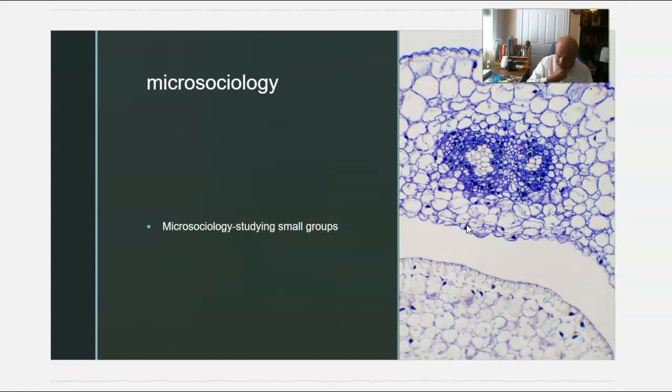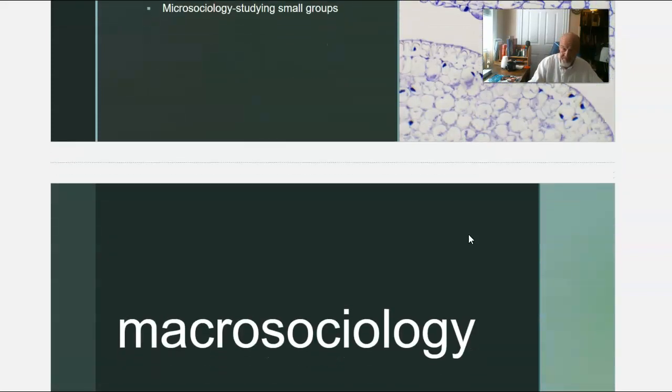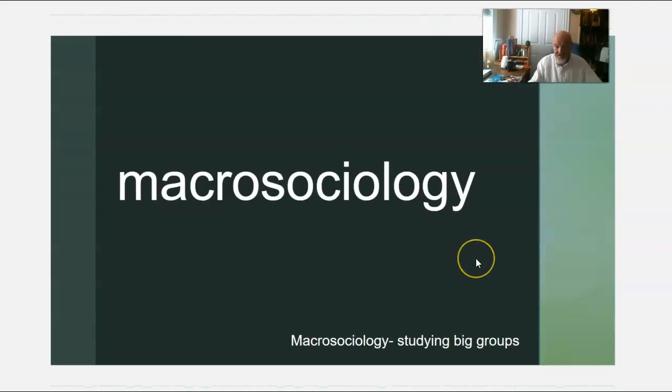So we tend to look at society at different levels. For our purposes, I said small groups are a focus. Microsociology looks at small groups. A group can be as few as 2 people. Macrosociology, on the other hand, studies big groups.